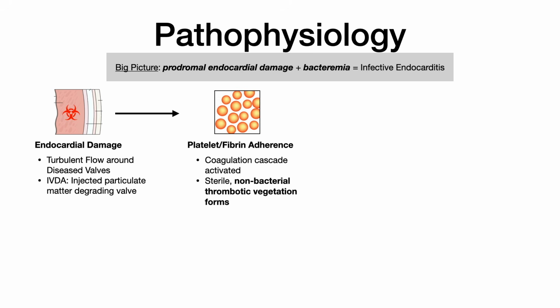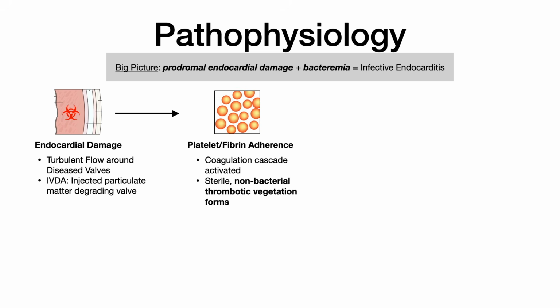And as platelets and fibrin adhere, you get the formation of a sterile, non-bacterial thrombotic vegetation. And I want to be very clear here. There's a vegetation that forms, but it is non-bacterial at this moment. Yes, there's a vegetation. Yes, there is a thrombosis, right? There's a thrombotic vegetation, but there is no bacterial seeding yet.